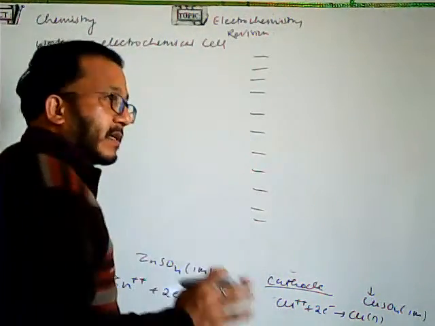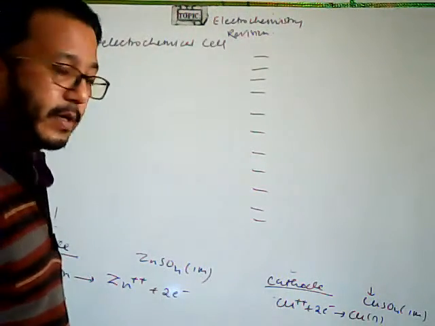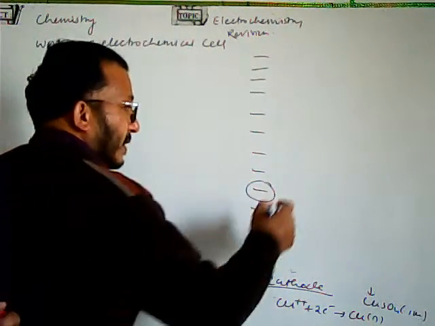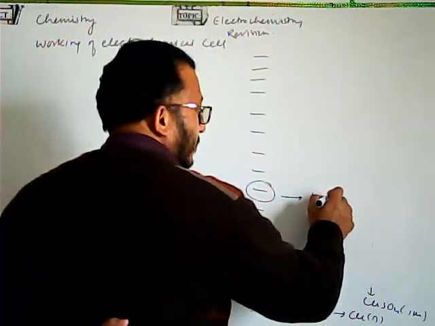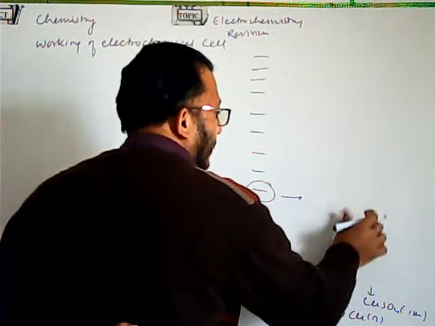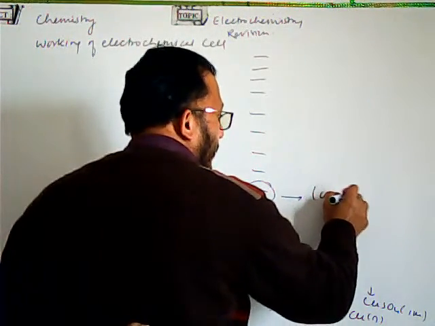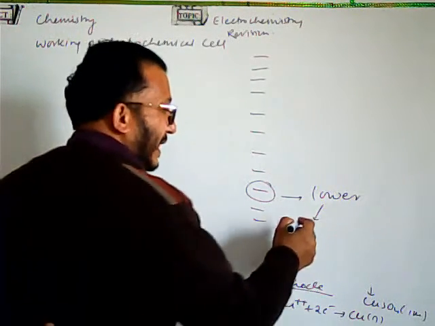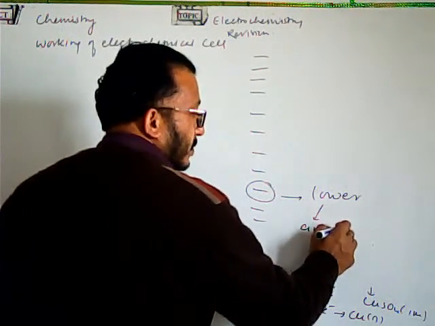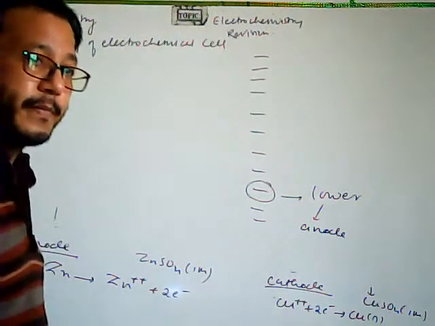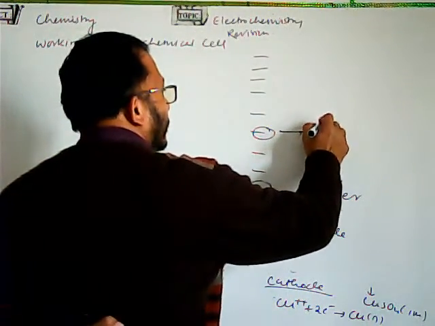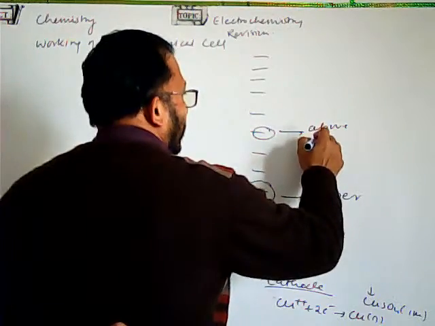If we have to construct an electrochemical cell, then remember that the one which is toward the bottom, or rather lower is a better word, that should always be taken as the anode, and the one which is above is always taken as the cathode.